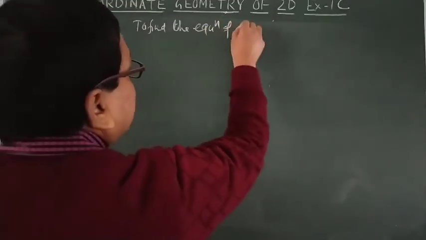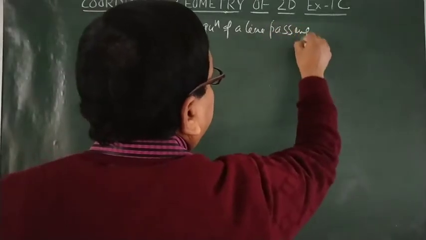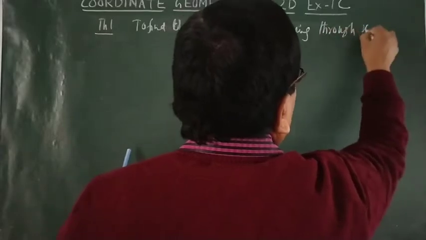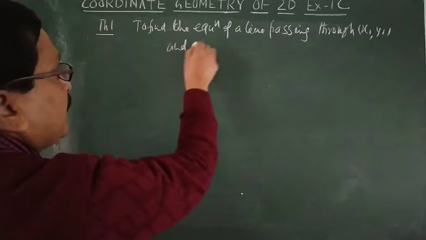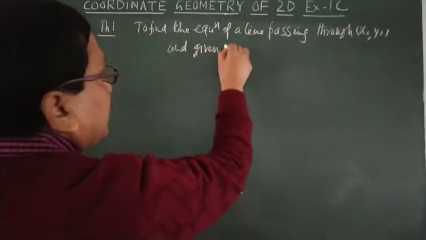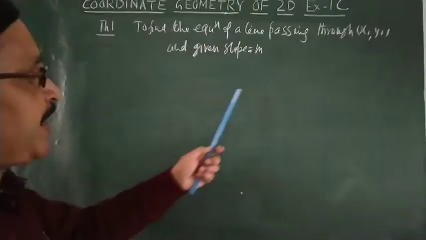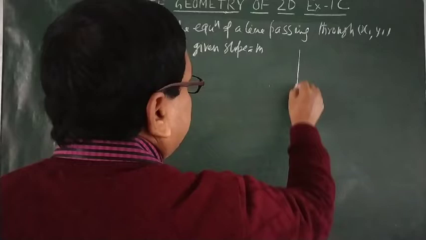I am going to discuss how to find the equation of a line passing through (x1, y1) and given slope m. So we are going to find the equation of such a line which is passing through (x1, y1) with slope m.